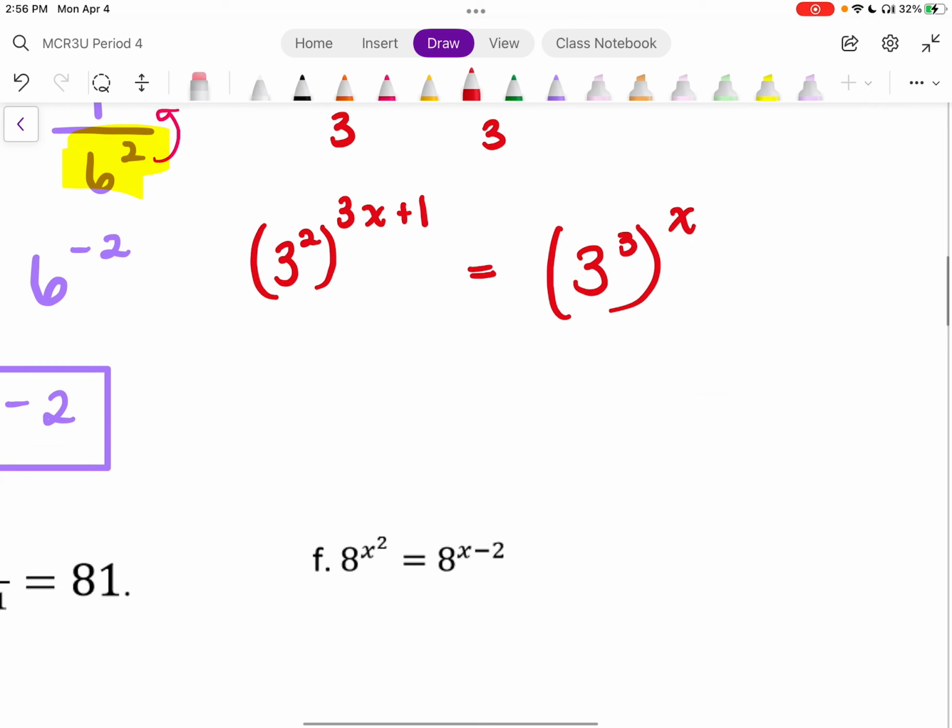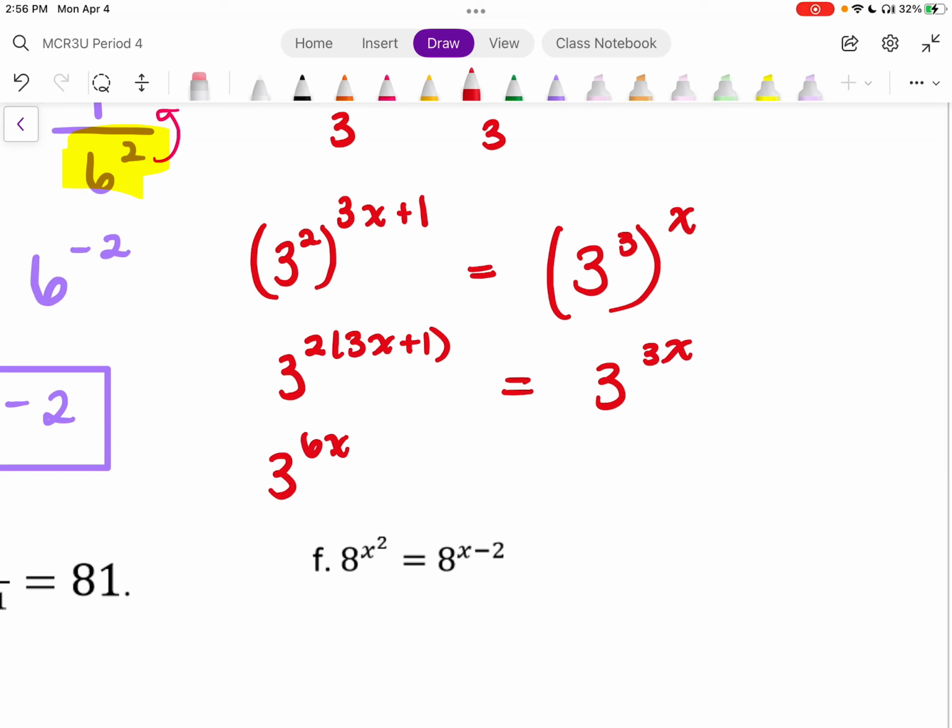Now we're just going to simplify these exponents. So we do 3 squared, and that's going to be 2 times (3x plus 1) because it's a power to a power. And then we have 3x here, so I'm just going to distribute that 2 in. So 2 times 3 is 6x, 2 times 1 is 2, is equal to 3x.